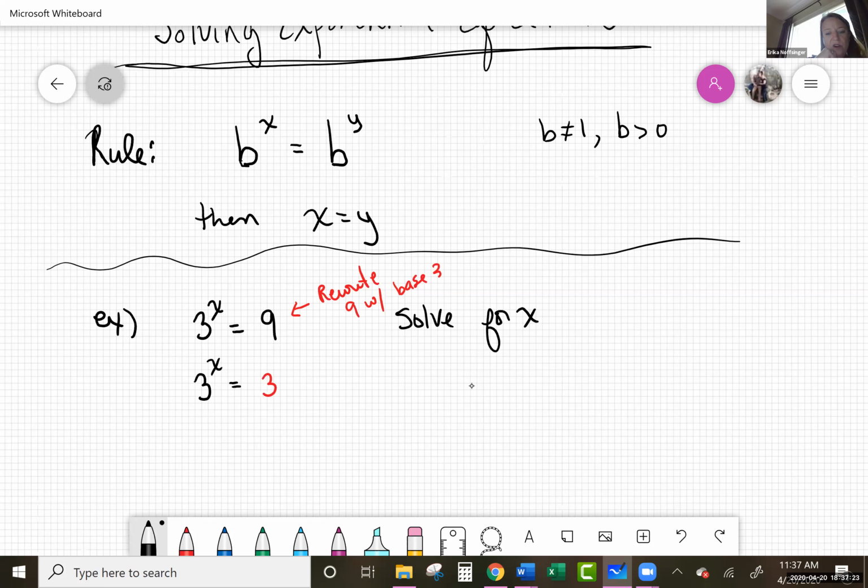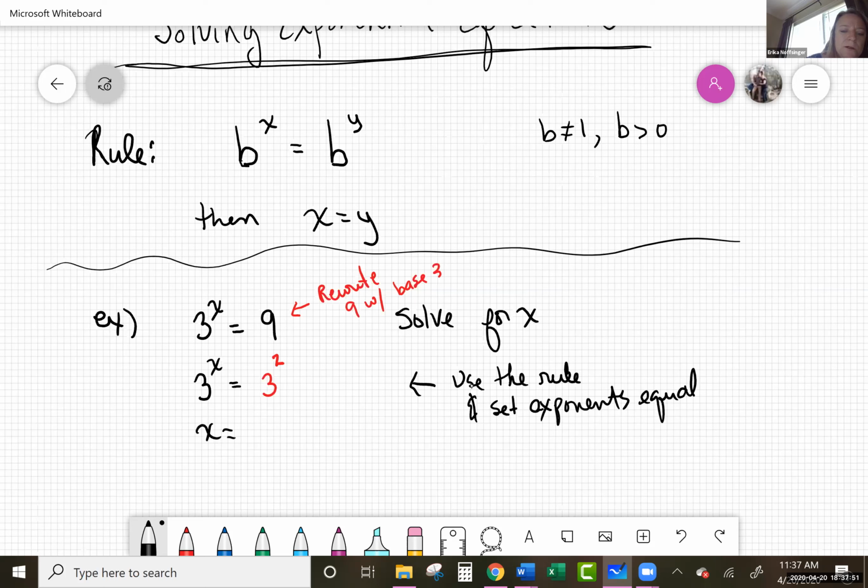We can rewrite 9 as 3 squared, right? And so now we can use the rule and set the exponents equal to each other. So then x has to equal 2.